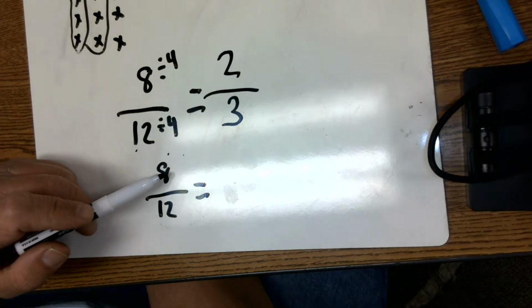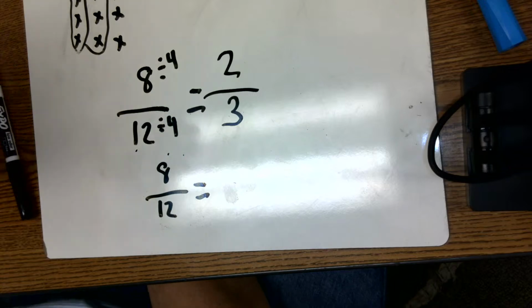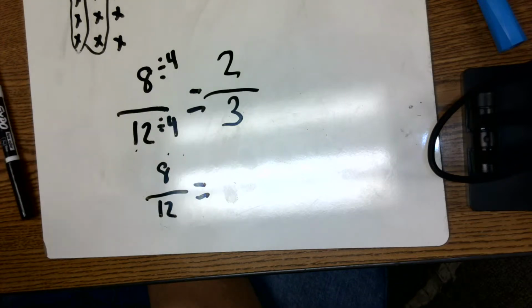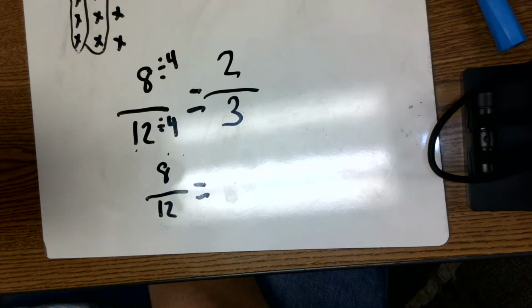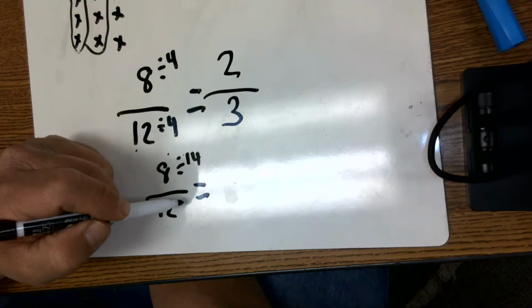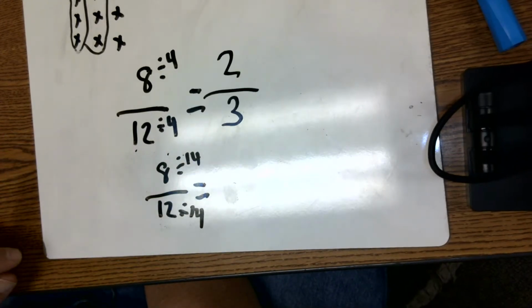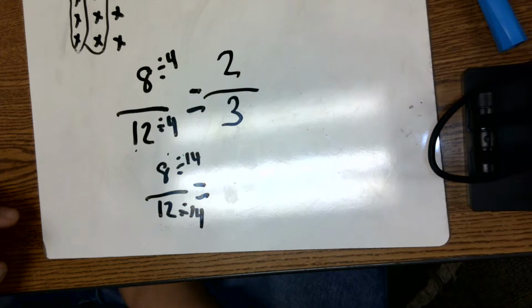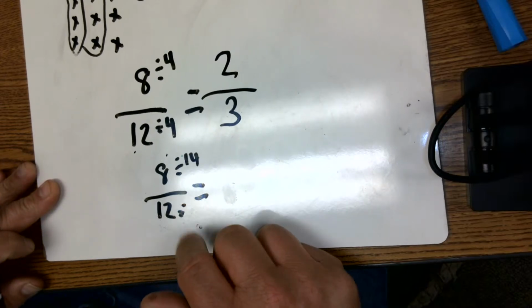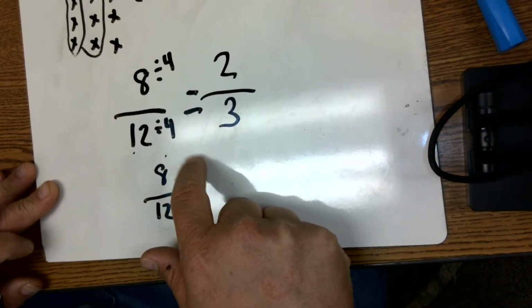You're going to do 8 divided by 14 and 12 divided by 14? No, that's not it. You can do something else.